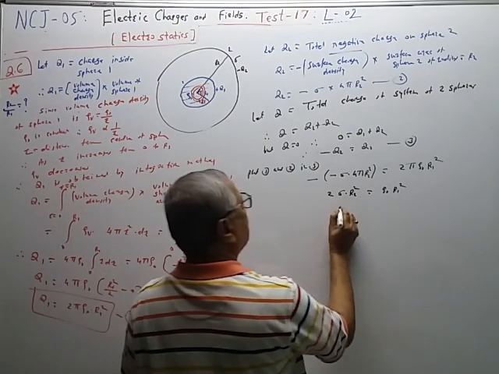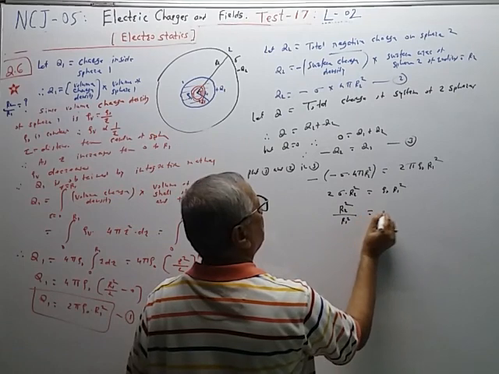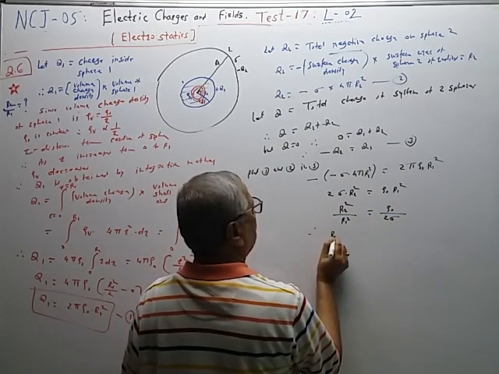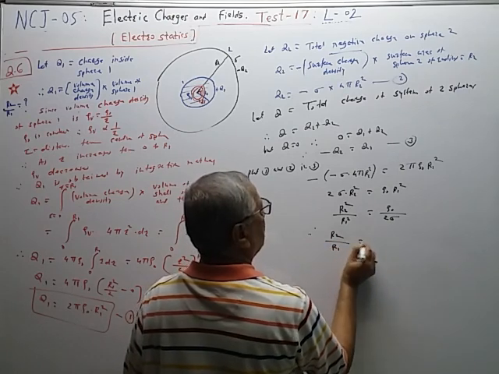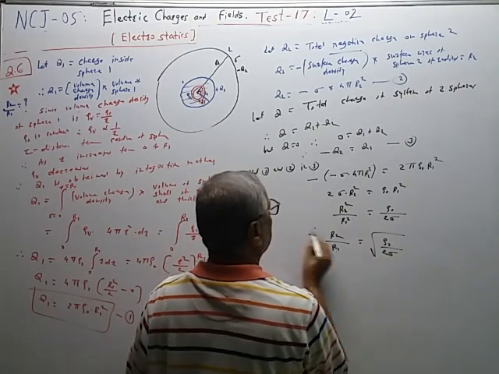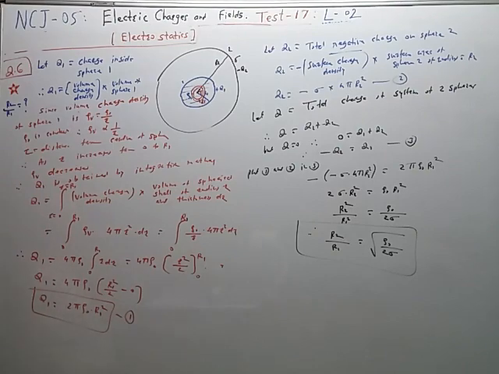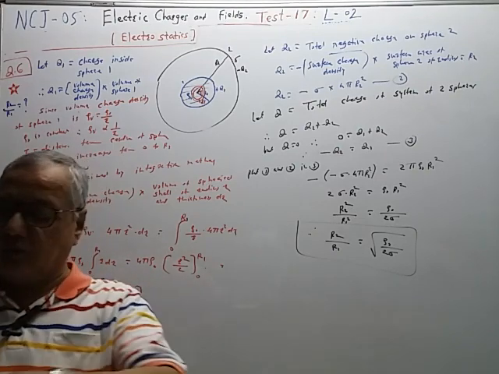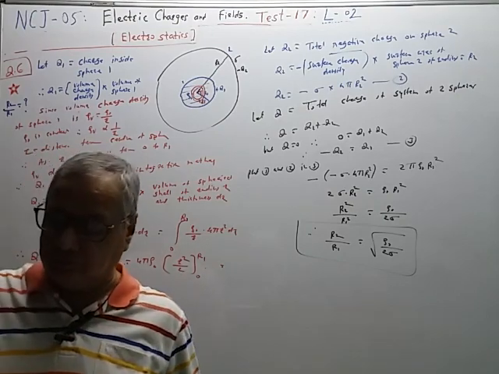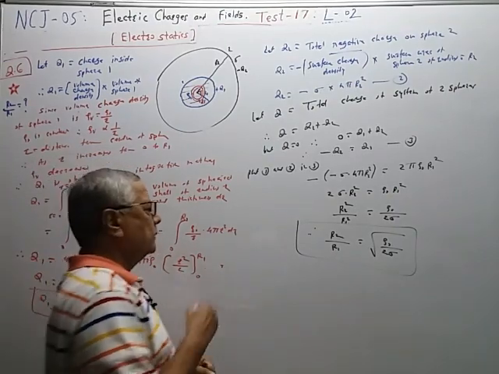So r2 square upon r1 square is equal to rho 0 upon 2 times sigma. Therefore the ratio of r2 upon r1 is equal to under root of rho 0 upon 2 times sigma. This is the ratio of the two radii, and therefore the correct answer is C choice.